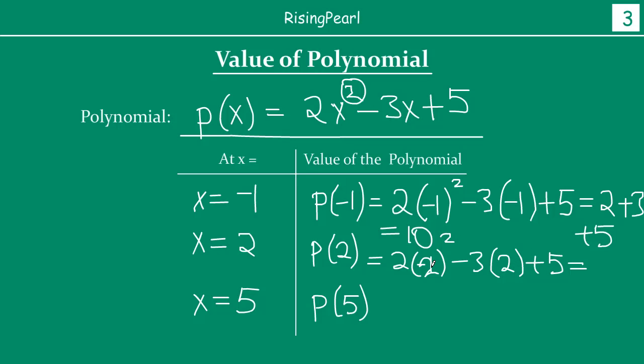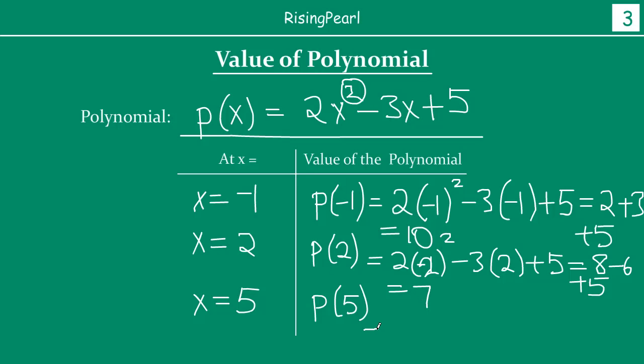So we have 2 squared is 4, times 2 is 8. So we have 8 minus 6 plus 5. So 8 minus 6 is 2, plus 5 is 7. So the value of this polynomial at x equal to 2 will be 7.